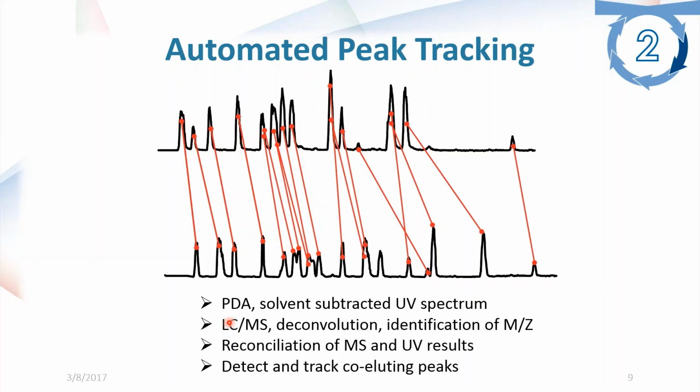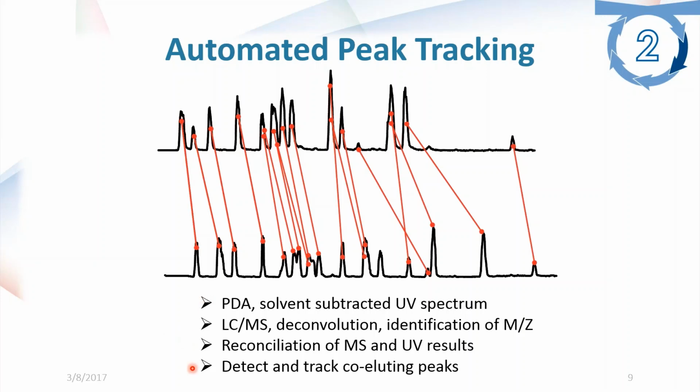If you use both MS and UV, then what the software will do is allow you to reconcile that information, and this results in a much more global way of being able to do peak tracking.